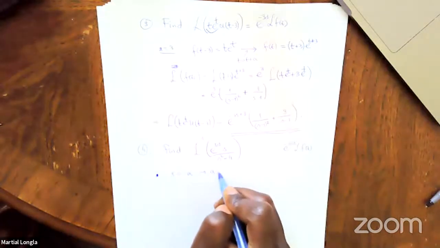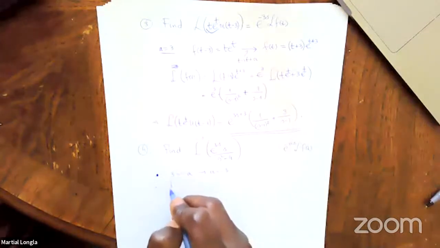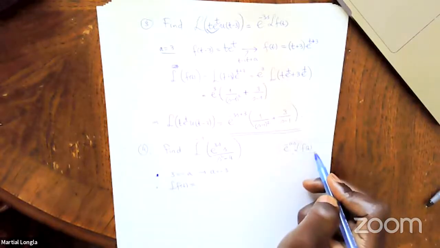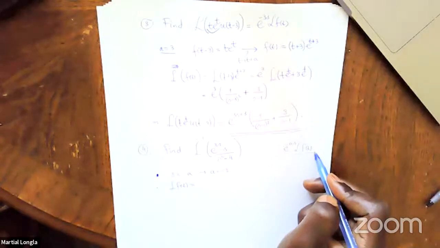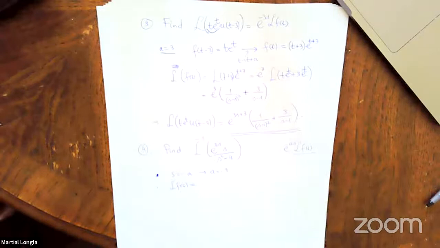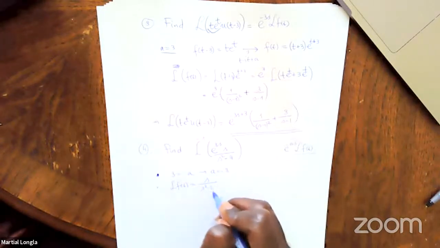So a is minus 3. And you have the Laplace transform of f of t, which is the second part of it, the rest, whatever is next to the exponent. That is s over s squared minus 4.